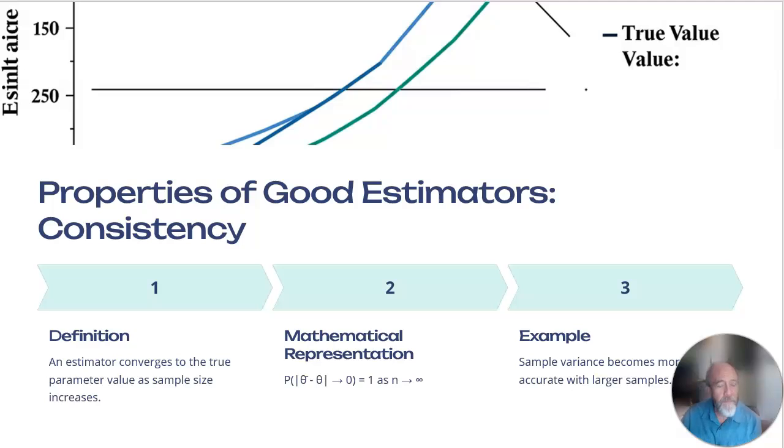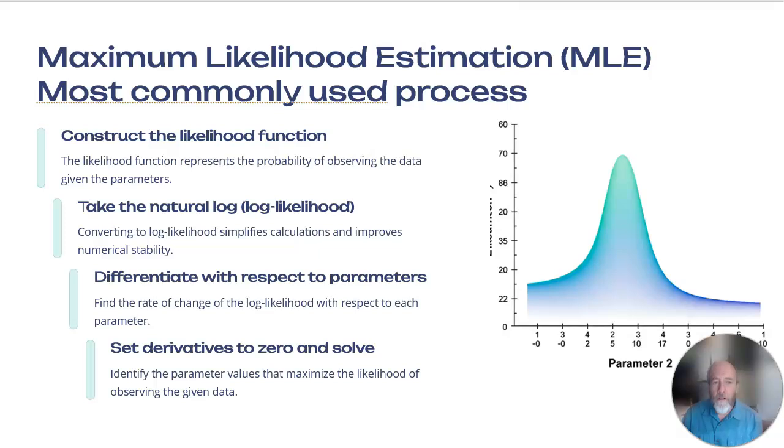Now, let's look at an estimator. The most commonly used process is maximum likelihood estimation. The first thing that we do is we have the likelihood function. You're not necessarily going to go through this first step, constructing the likelihood function, because you'll be estimating for distributions where you already know the likelihood function.